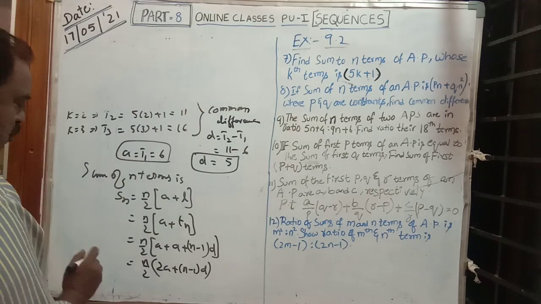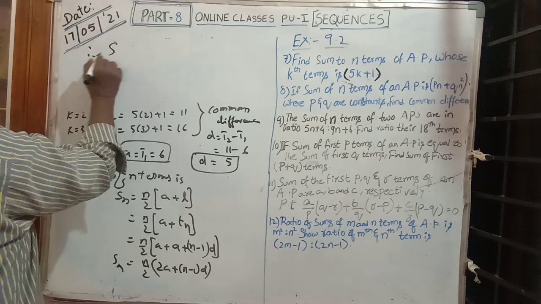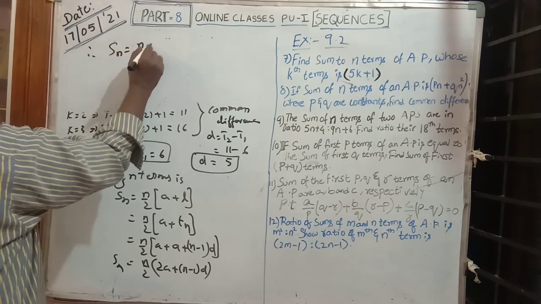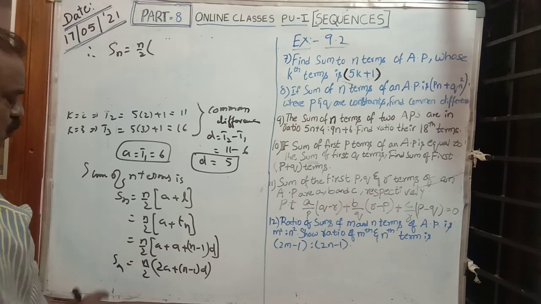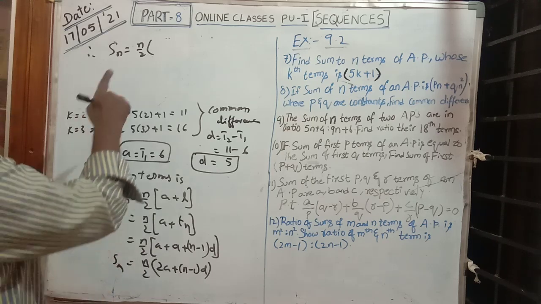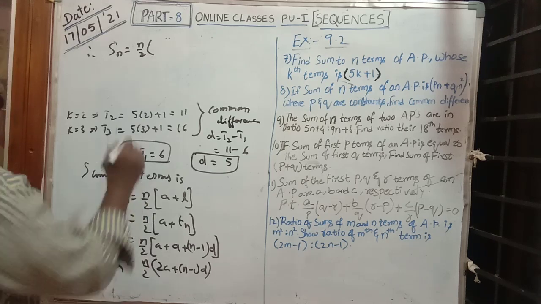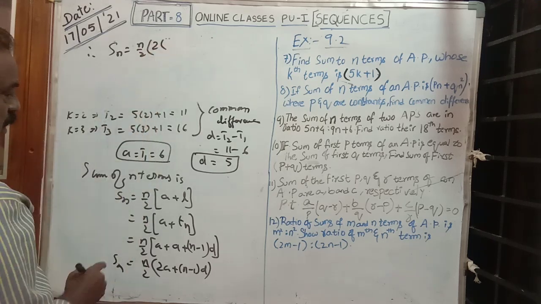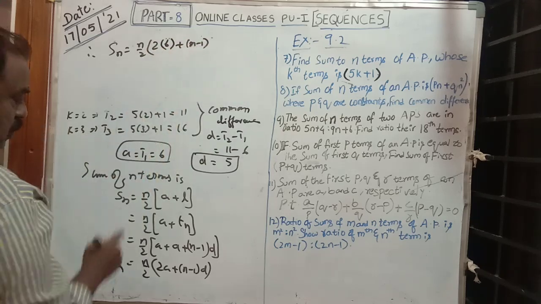Now observe, this is Sn. So Sn is equal to n by 2 of, what is 2a? 2 into, what is a? A is 6, plus n minus 1 into d.